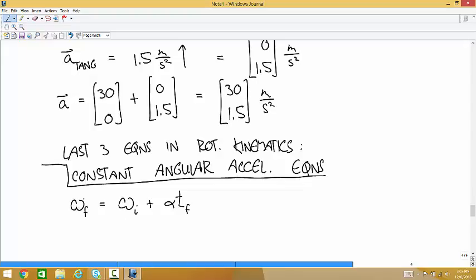And then we have the second one, the one we're used to says PF is equal to PI plus blah, blah, blah. So this one says angular position final is equal to angular position initial plus angular velocity initial times time final plus 1/2 angular acceleration times time final squared.